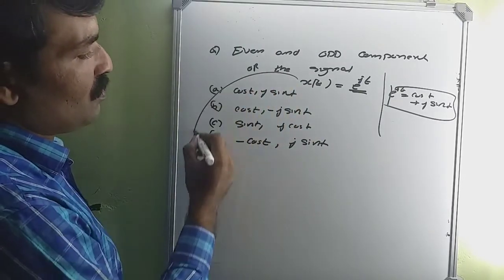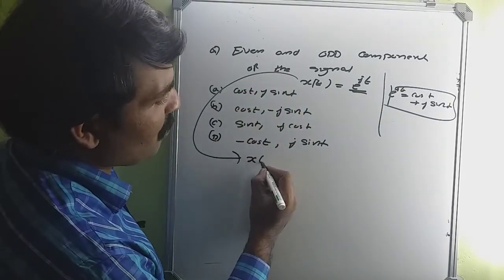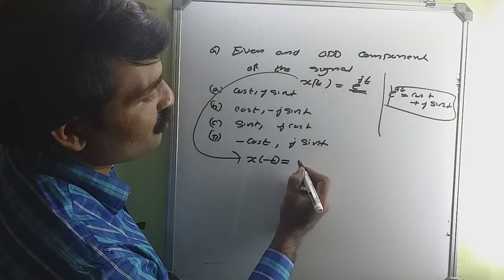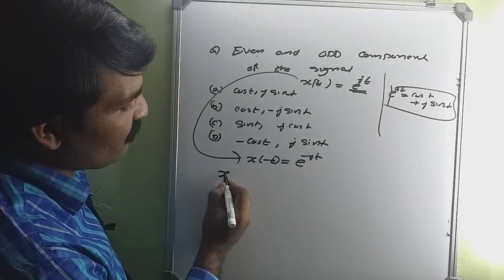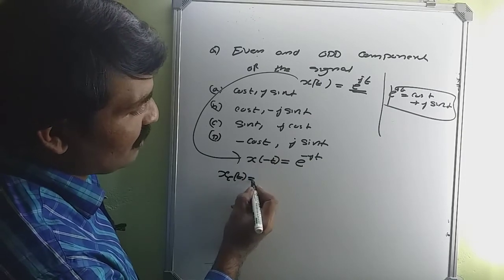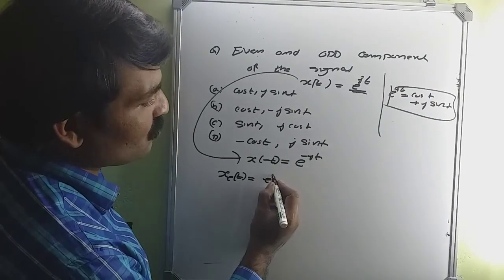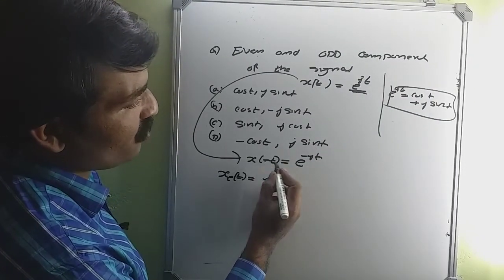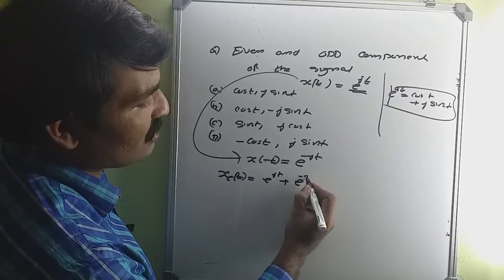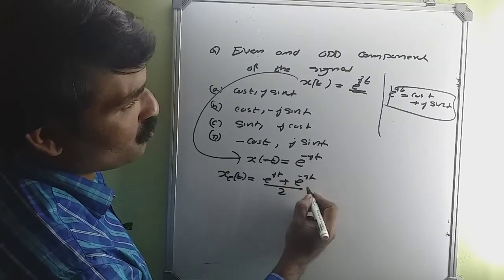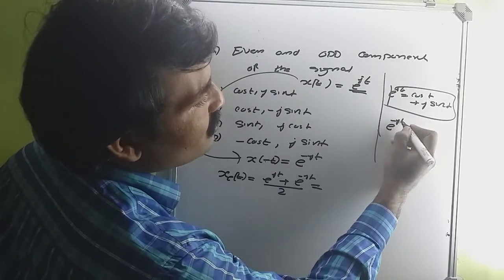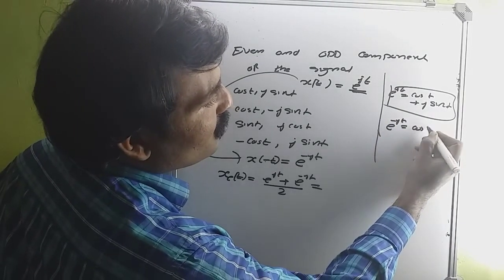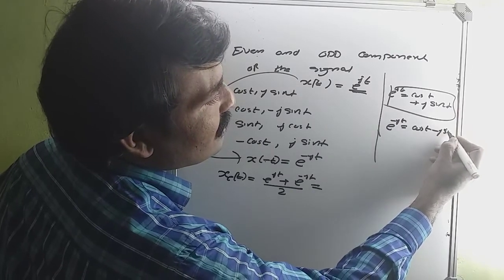Now, x of minus t is equal to e raised to minus jt. So the even portion of x of t is equal to e raised to jt plus x of minus t, that is e raised to minus jt, by 2. What is e raised to minus jt? E raised to minus jt is equal to cos t minus j sin t.